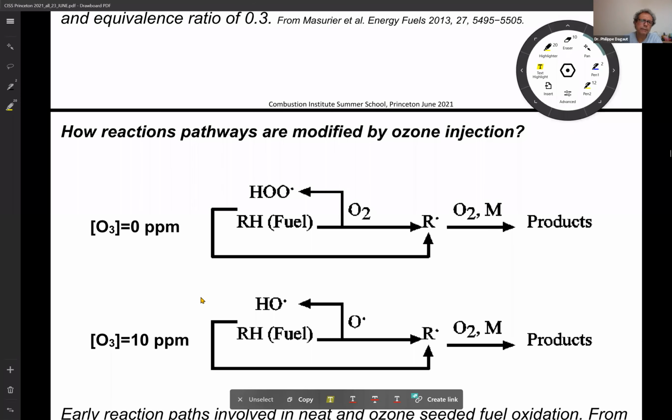When you put traces of ozone in the system, the fuel reacts readily with O atoms.